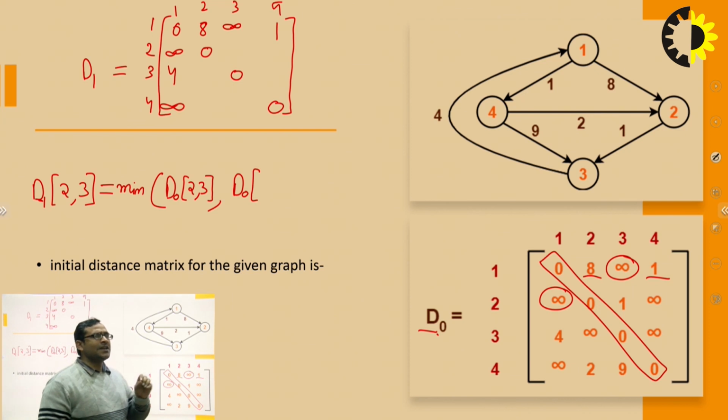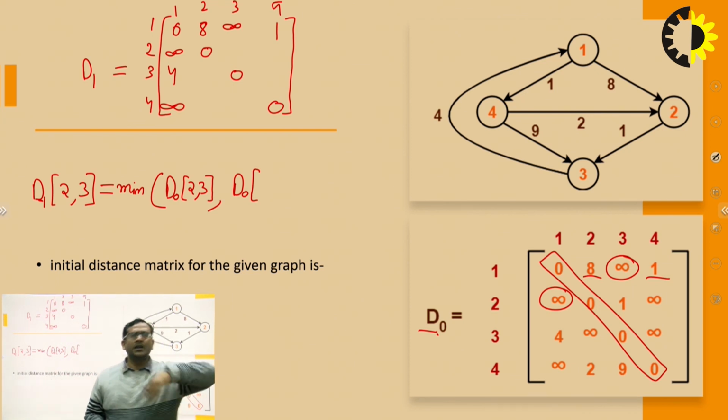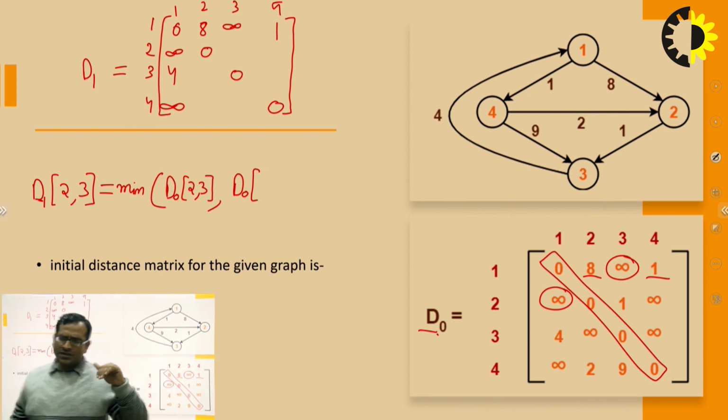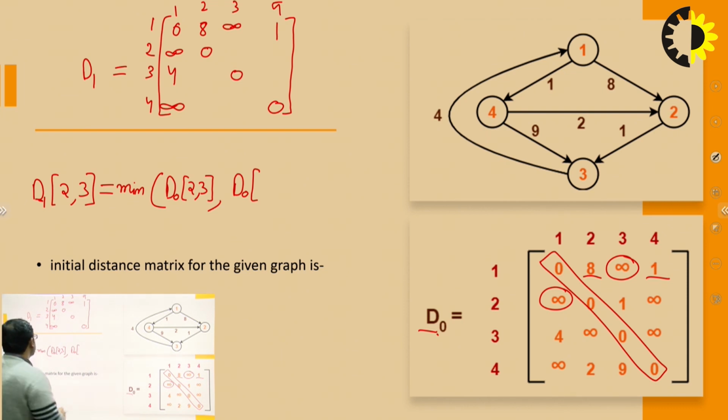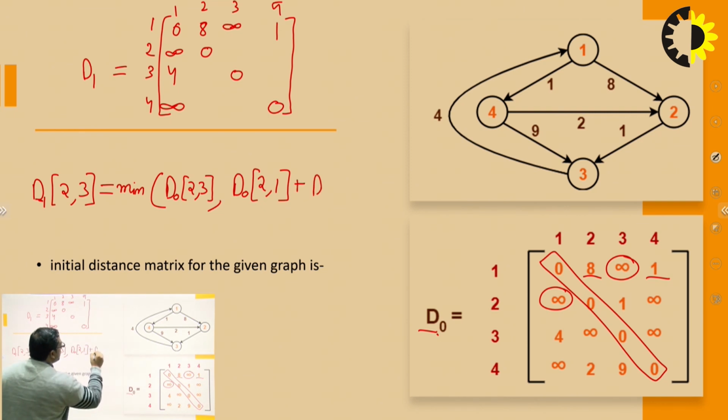I take 1 as a stoppage point, or we can say 1 is taken as a middleware. So you have to go from 2 to 1, plus D0 of 1 to 3.